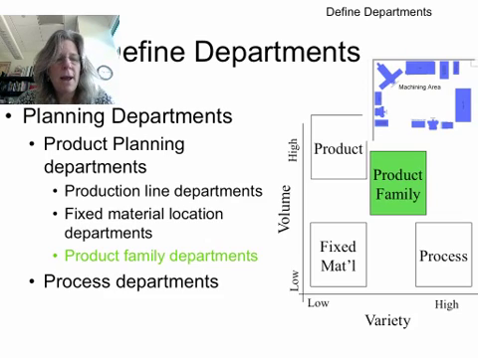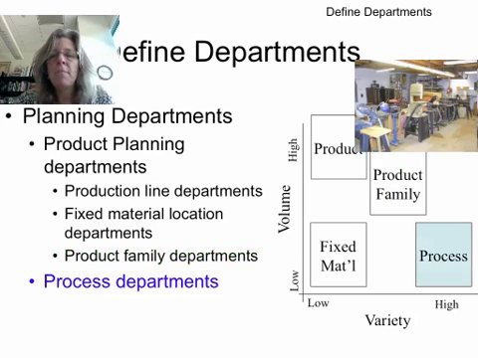We're going to look a little bit at how to go through that, and how to really look at developing these product families. But the last section here would be a process department. This is a group of workstations containing similar processes.